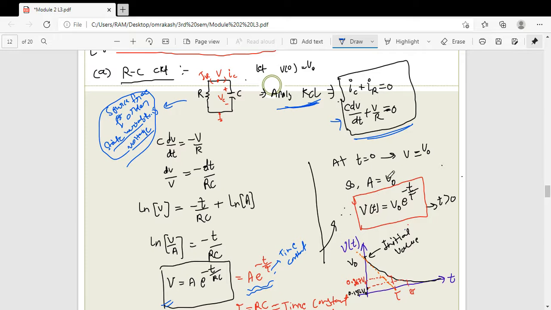A is a constant here, so A is nothing but V naught. Put that V naught into your main equation. So this is the final equation for V of t at any instant of time after switching, right? And switching generally happens at t equal to 0 instant, so this equation is valid for all t greater than 0.